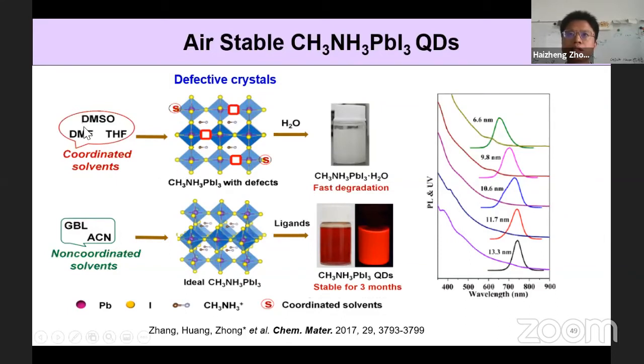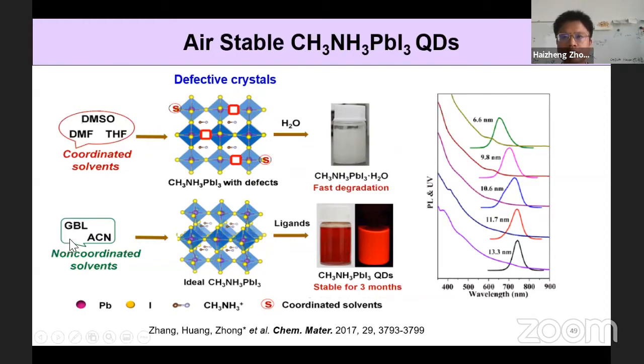If we use DMSO, DMF, and THF as polar solvents, they are coordinating solvents. So the resulting perovskite nanocrystals have residual solvent molecules on the surface, which are easily exchanged with moisture, and they degrade, even in a glove box.